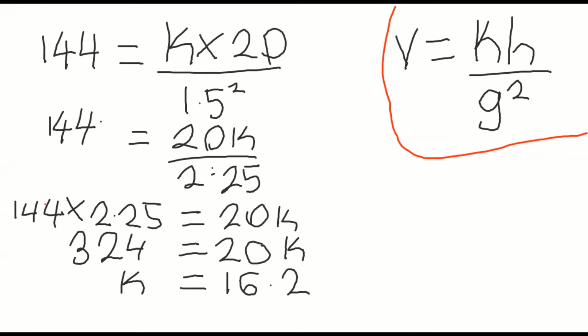So you substitute that value of K into your equation up there. So the final equation will be V is equal to 16.2 H out of G squared.